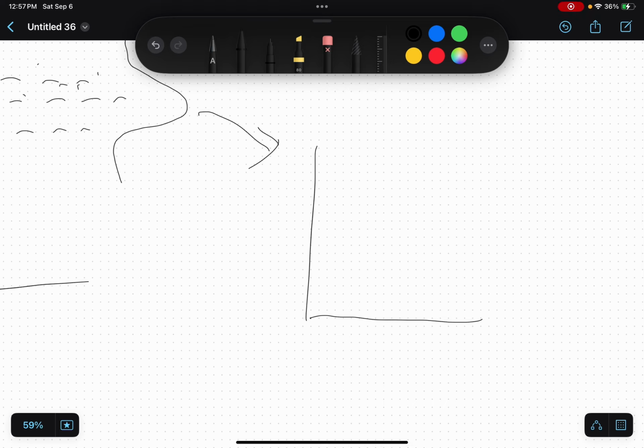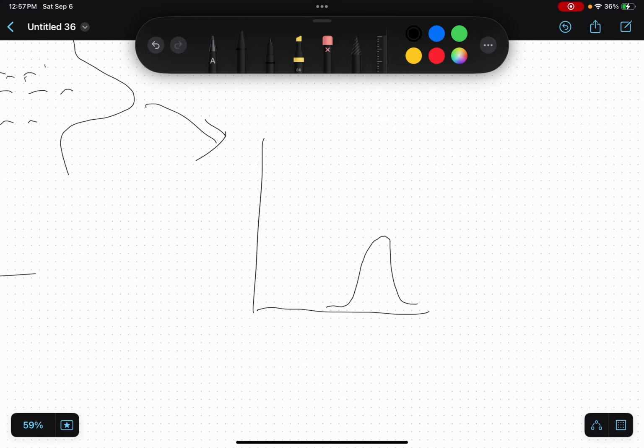So let's say that's your standard deviation. Cool. And this would be length of beam, I guess. And you had your average right there, X bar, and you had the standard deviations.